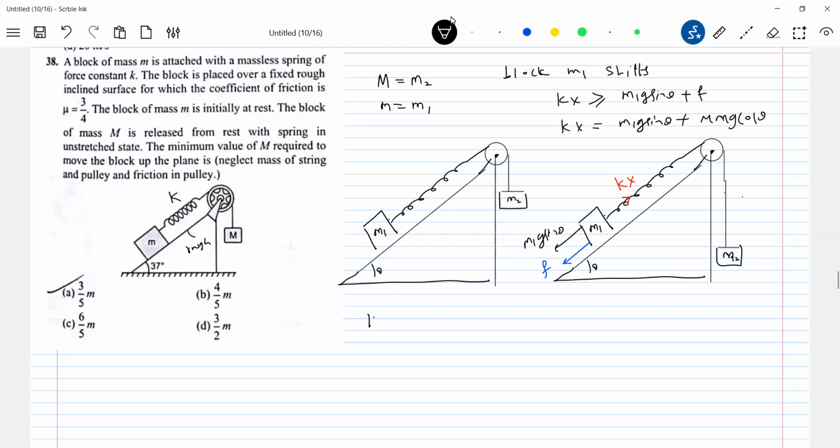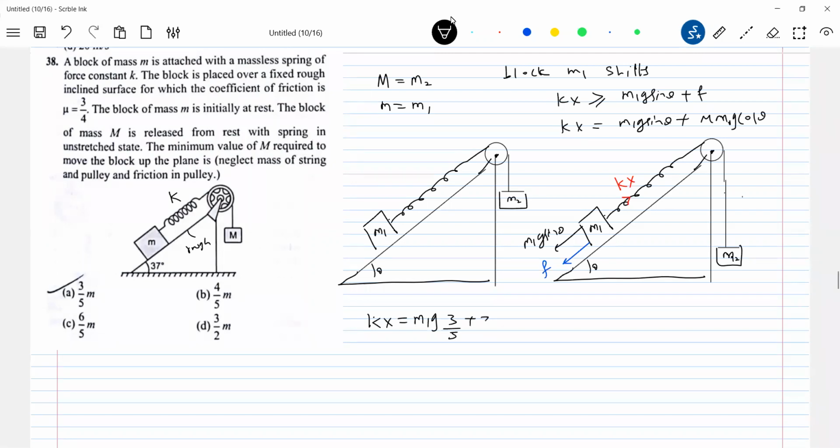So we know sine theta, cos theta, and we know mu also. Let me directly get that value. Anybody value Kx? M1g sine theta is 3/5.